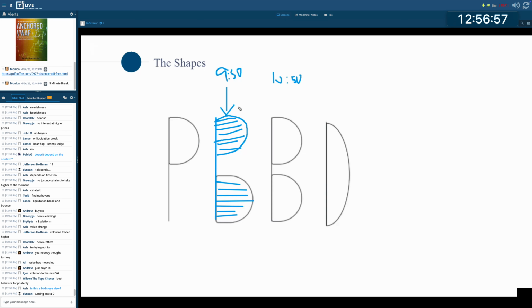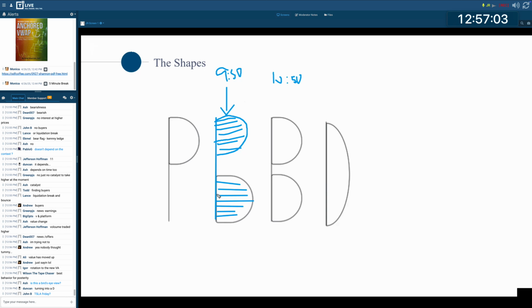But we're just talking about recognizing what this profile means, okay? Sometimes it's the opposite. Sometimes in the beginning of the session, you have a P that goes into a b because at the end of the day, you sell off and buyers support the lower end of the price range, okay?